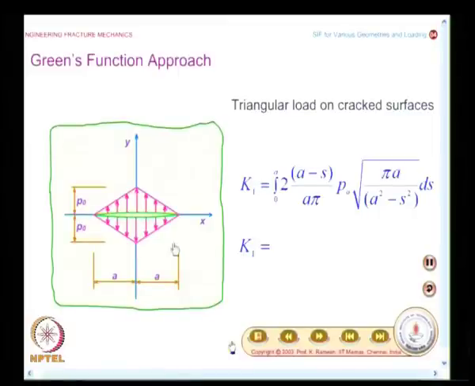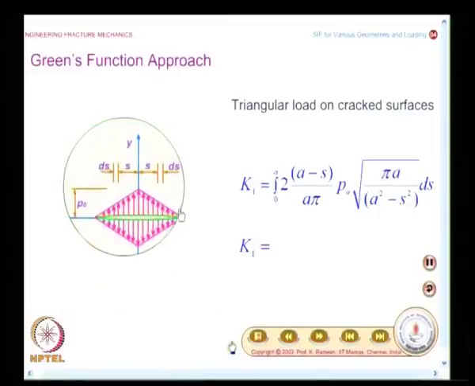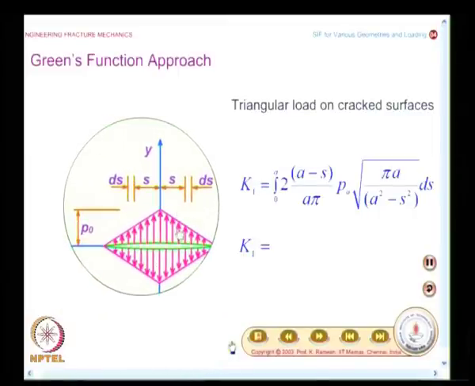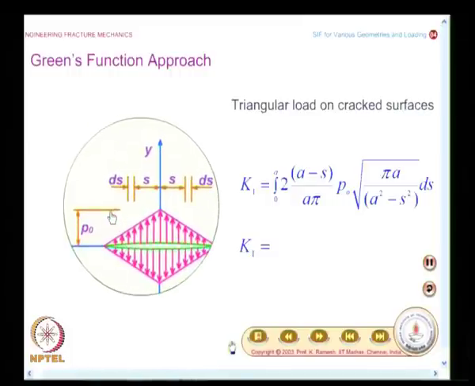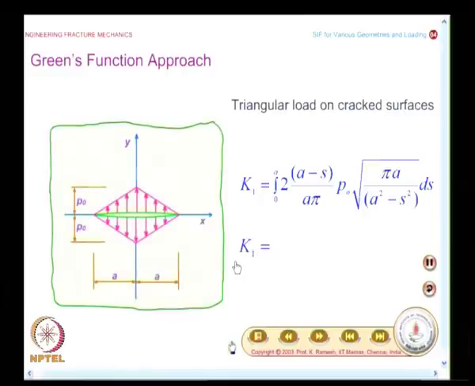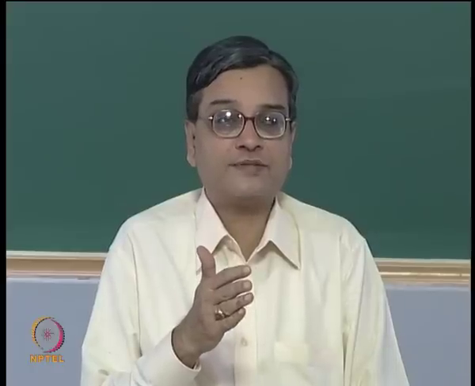Here you have a pressure varying as a triangular loading. I could also have another interesting situation where the pressure p naught is constant over the entire length of the crack. I could also get the solution for K1 even for that case from this situation.